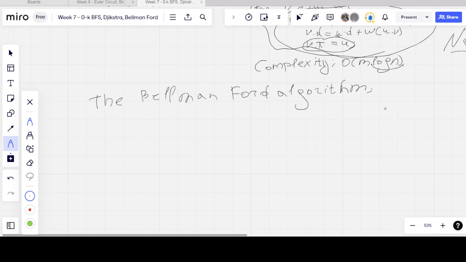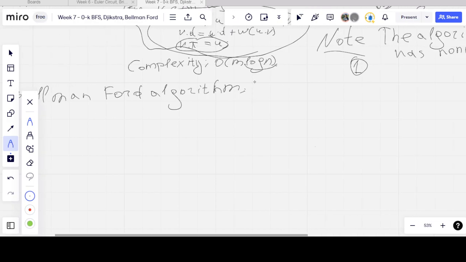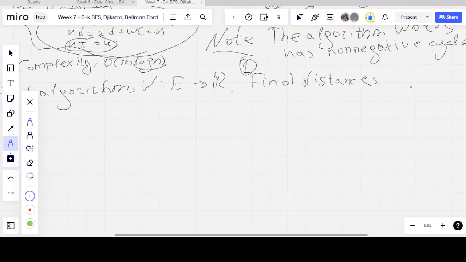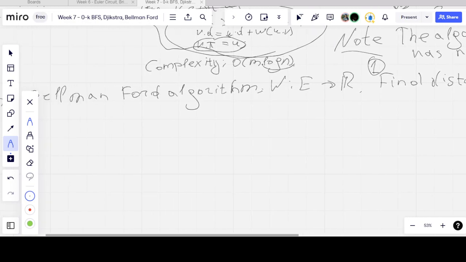So we have a weight function, and we need to find again distances from S to all vertices.